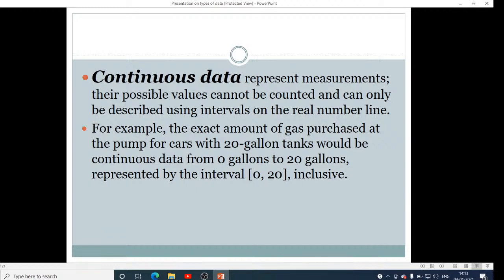For example, the exact amount of gas purchased at the pump for cars with 20-gallon tanks would be continuous data from 0 to 20 gallons, represented by the interval 0 to 20 with square brackets. We can represent the interval like this, square brackets, 0 to 20. This type of data we call continuous data.